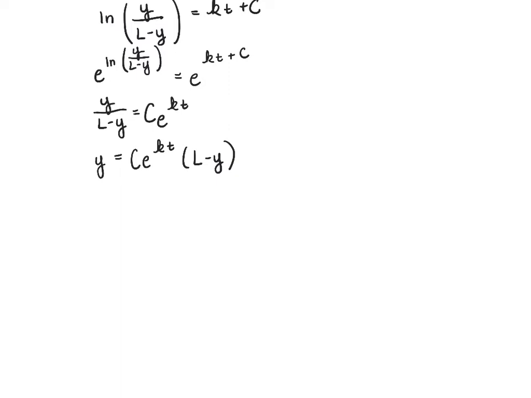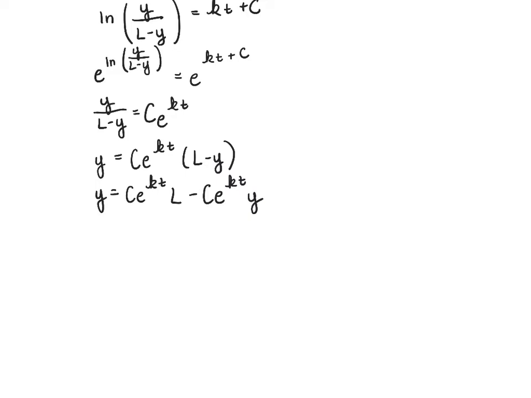The only way to do that is to distribute the CE to the KT into the parentheses so that the L and the y become separated. So next I'm just going to distribute the CE to the KT into the parentheses. So y equals CE to the KT times L minus CE to the KT times y.